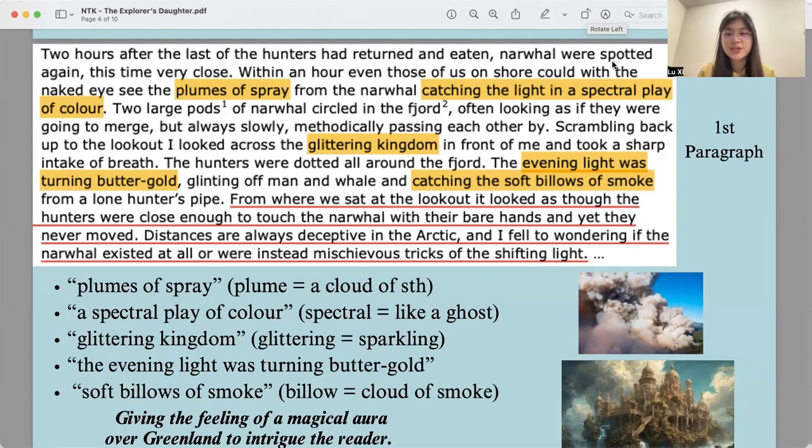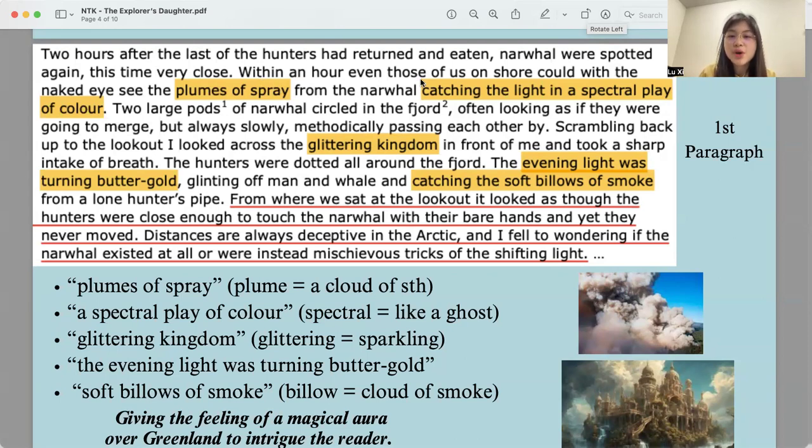So spot here means to find out something, to identify something. So narwhal were spotted again. They were seen. They were found out by somebody. This time very close.